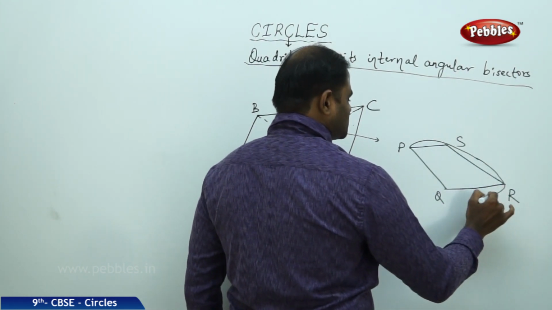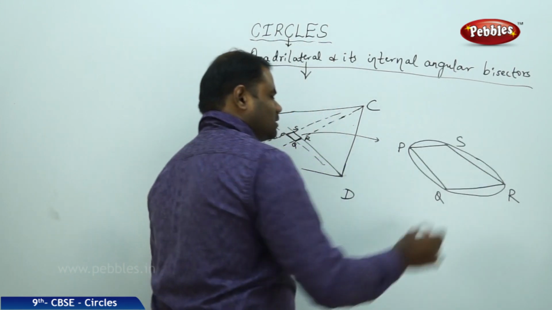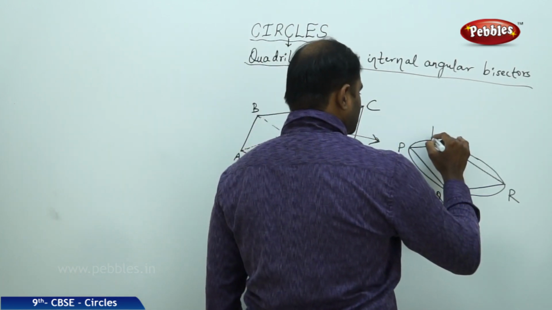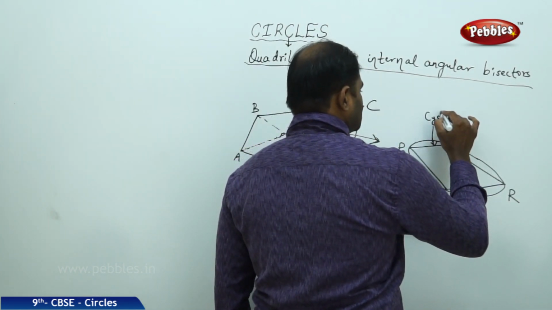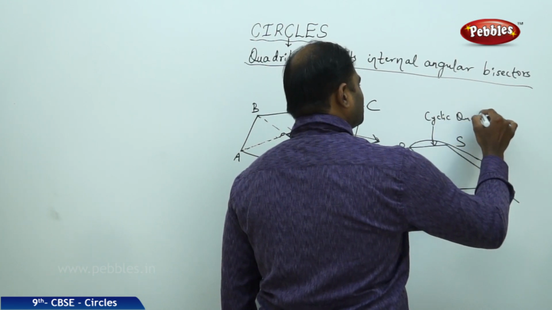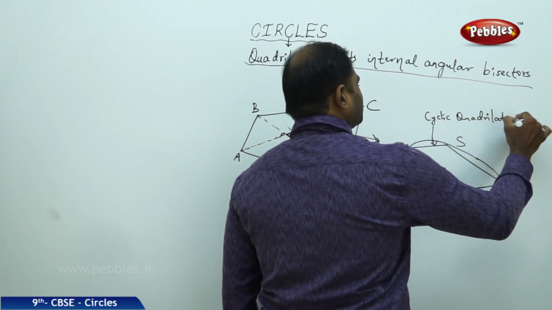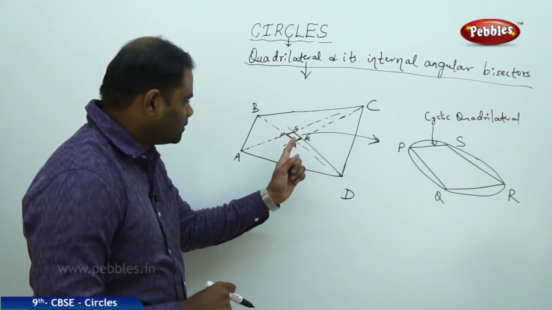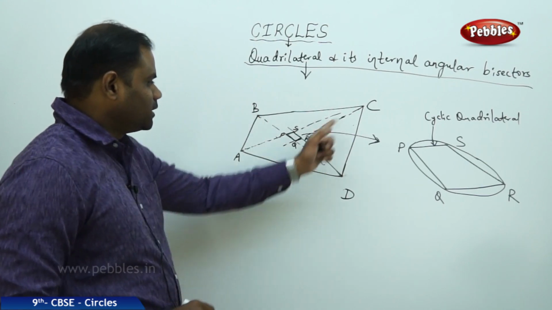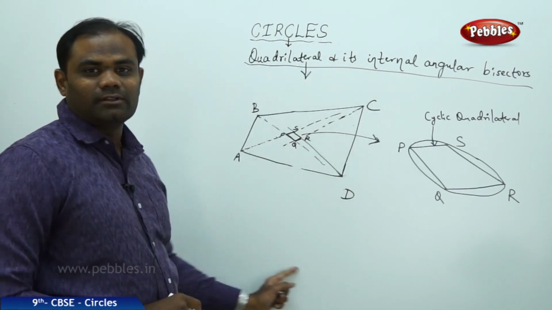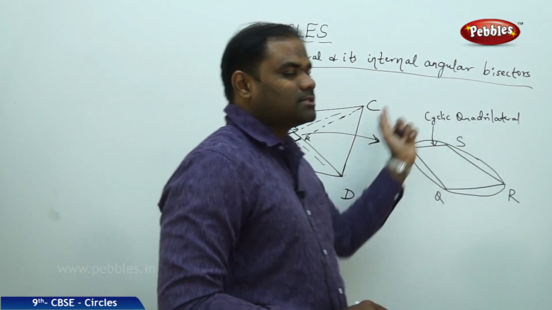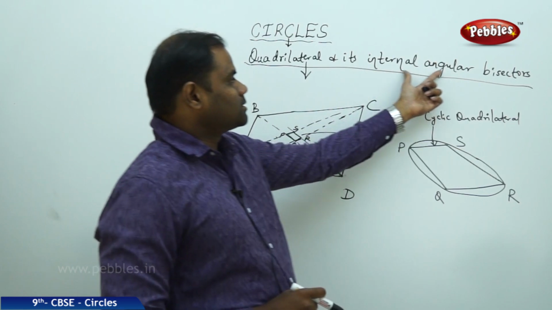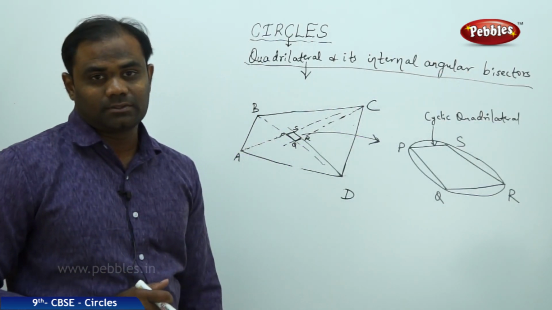It has to pass through a circle, as the property says. So this quadrilateral must be a cyclic quadrilateral. The quadrilateral which is formed by each of the internal angular bisectors of the actual quadrilateral will be cyclic is the property which connects a quadrilateral and its internal angular bisectors.